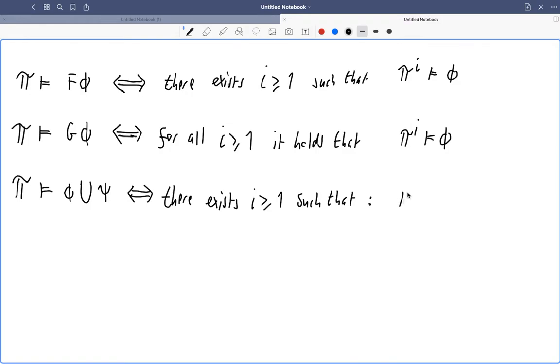So the first condition is that at this time psi holds, and also the second condition is that until psi holds, phi holds.